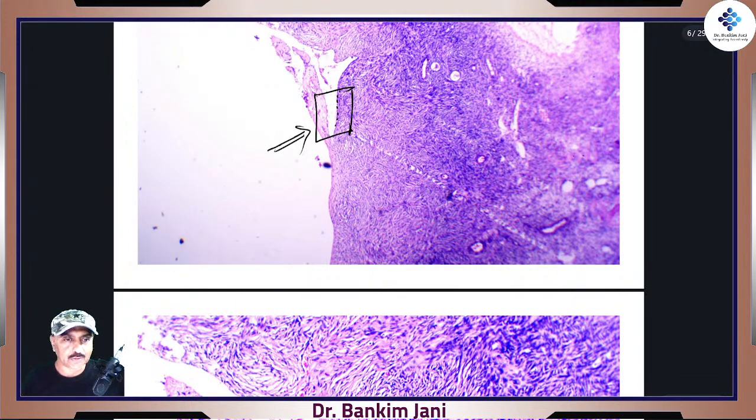It should be simple cuboidal, or no, there is no term like squamous cuboidal, right? Either it is simple squamous or it is simple cuboidal. ठीक है ना? Cuboidal means when the nuclei are rounded. Squamous means flat, when the nuclei are like that. When it is simple. Oh, I wrote squamous cuboidal.